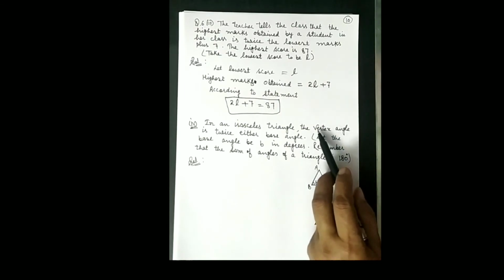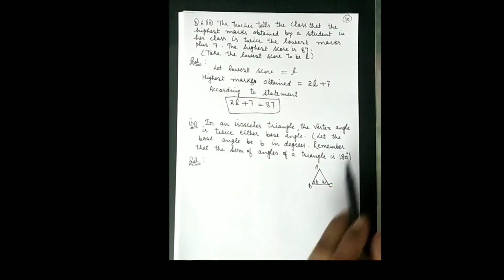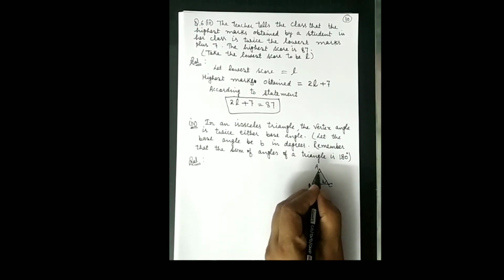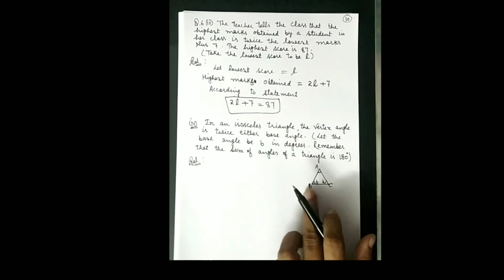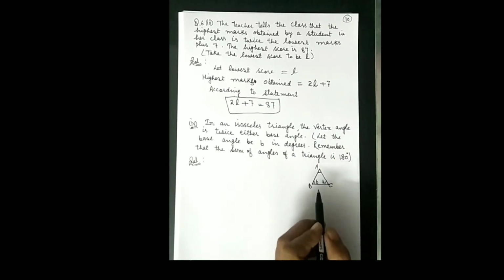So what is the vertex angle? Vertex angle is top angle. This top angle is vertex angle. This vertex angle is twice the either base angles. Either base means each one of the base angles. Clear? Angle A is twice means 2 times one of these angles. Because these both the angles are equal, so angle A will be 2 times this angle.